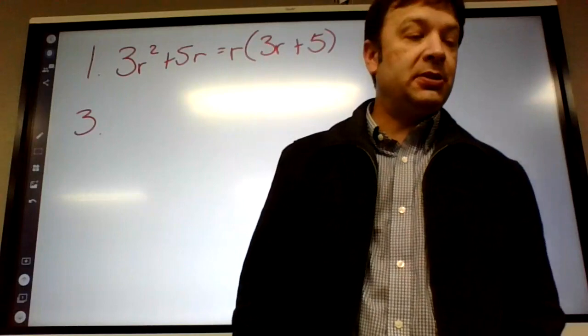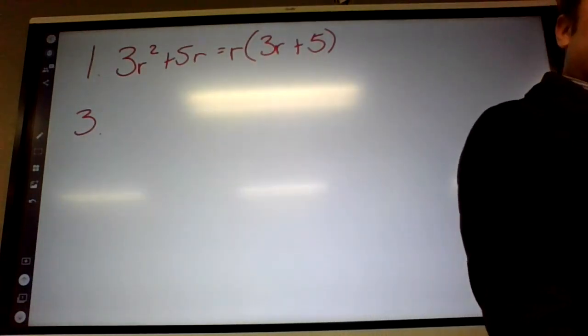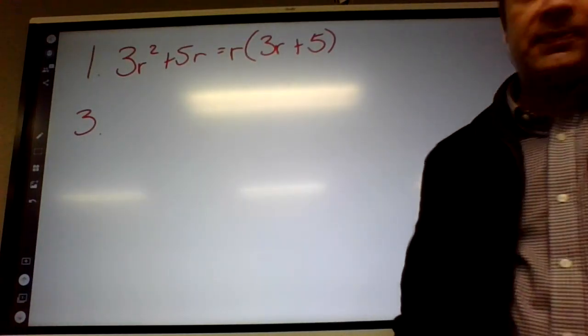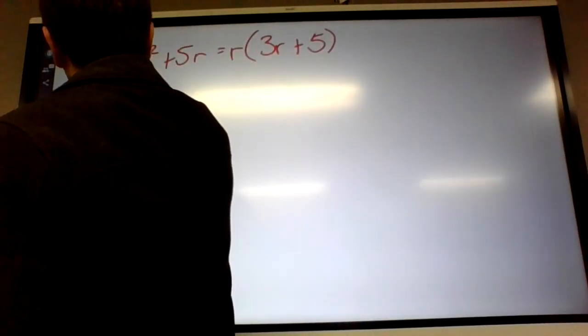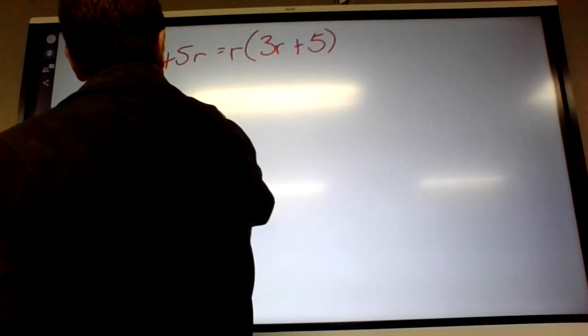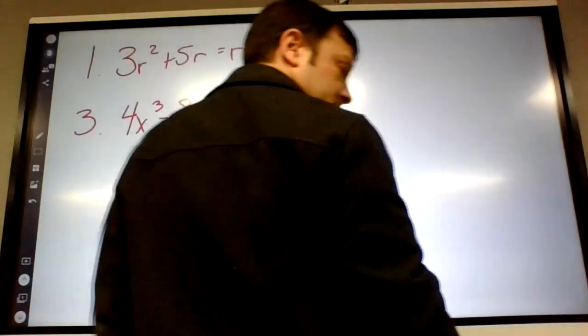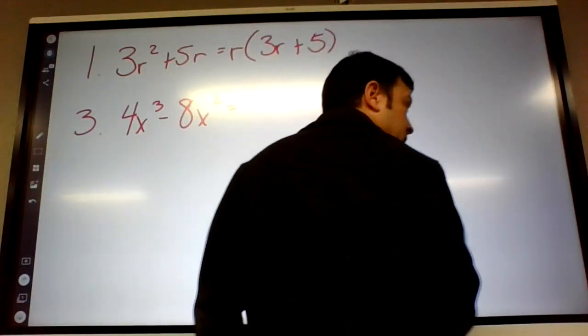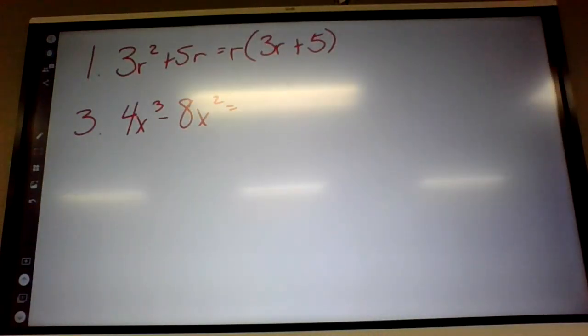Number 3. AJ, what comes out on that? 4x cubed minus 8x squared. No, let's check it.